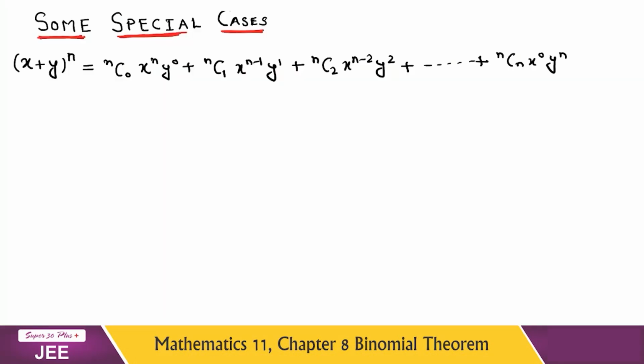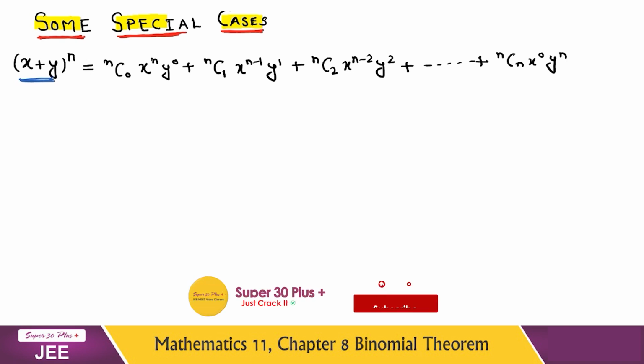Now let's move further with understanding some special cases. These special cases have been derived from the binomial expansion itself. As we all know, the binomial expansion of x plus y raised to the power n will be written as nC0 x raised to the power n y raised to the power 0 and so on.